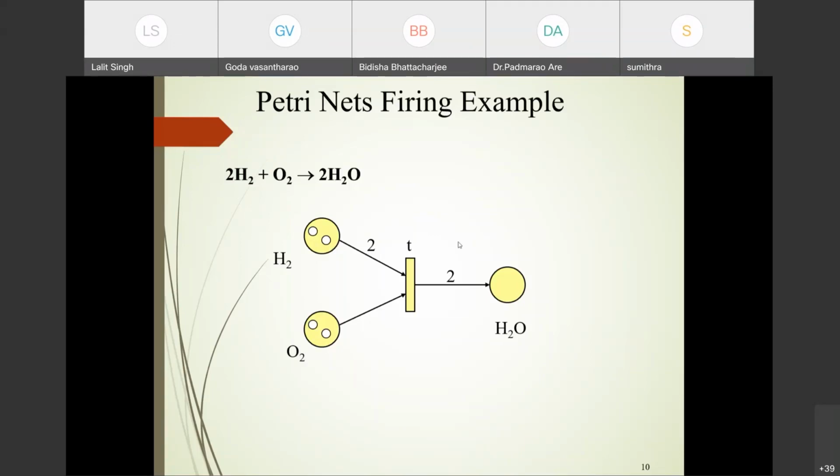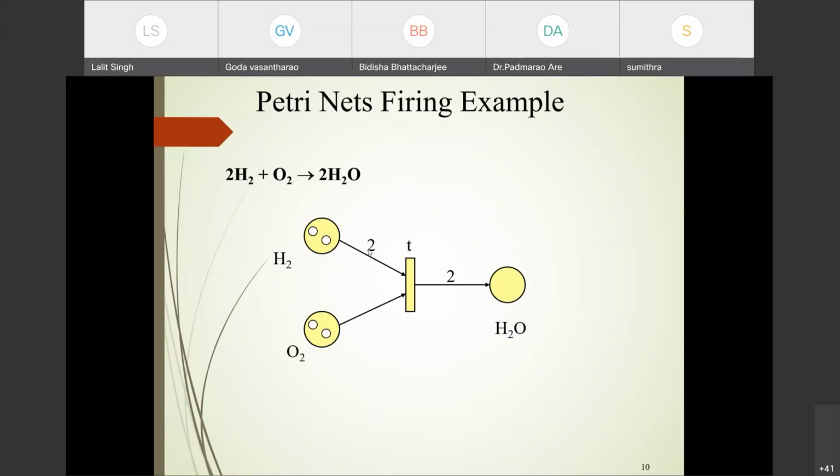The input places for this transition are hydrogen and oxygen. And these 2 input places must have a sufficient number of tokens. Now, what is the sufficiency criteria of the token? It will be decided by the weight of the respective arc.